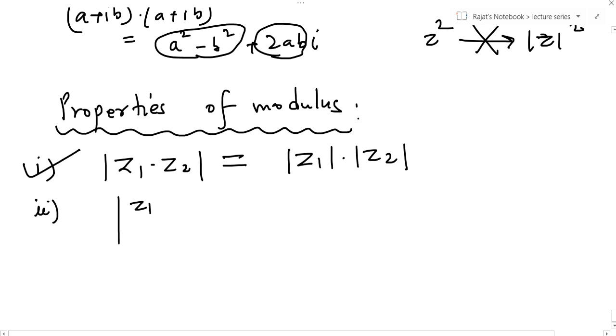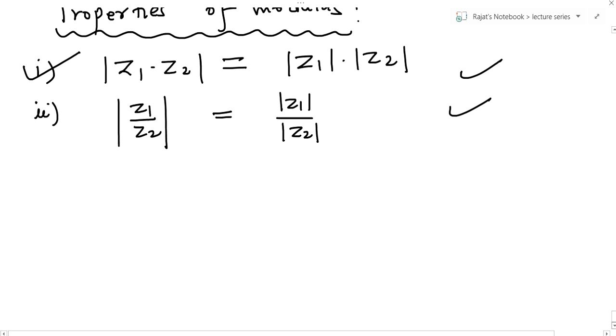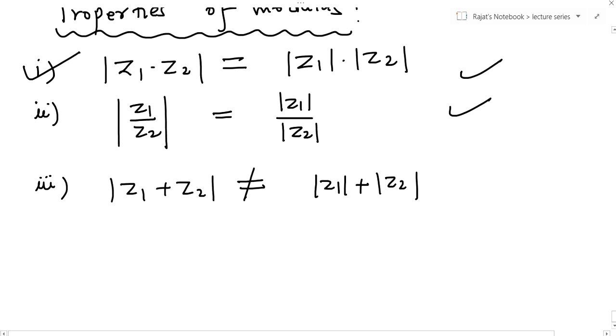Similarly, mod of z1 by z2 is equal to mod z1 upon mod z2. Two very important results. You can try to prove the expressions on your own. We don't have time, we cannot prove them in this lecture. Third is that mod of z1 plus z2 is not equal to mod z1 plus mod z2.